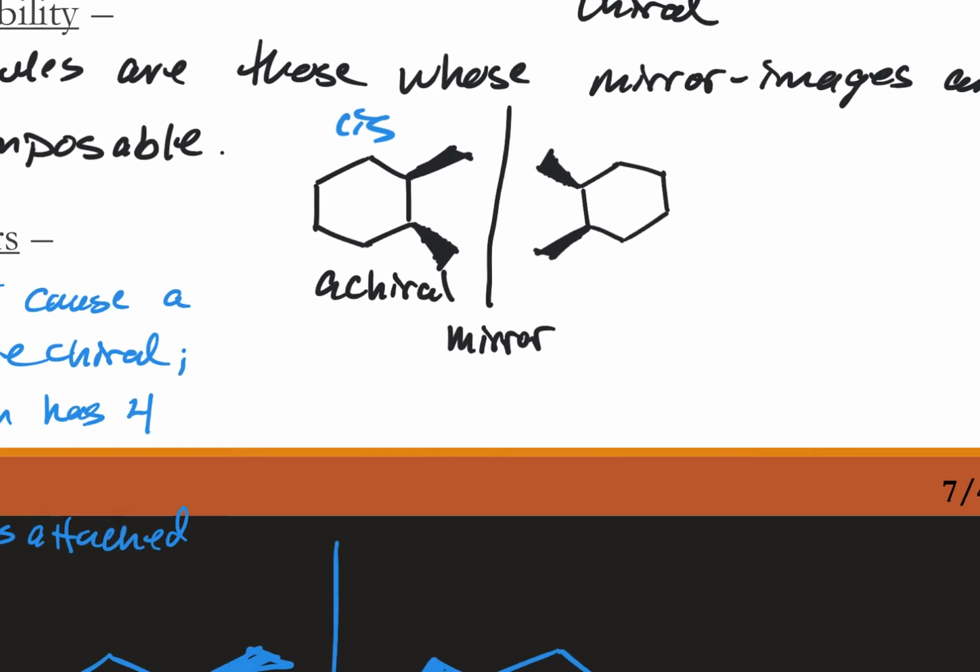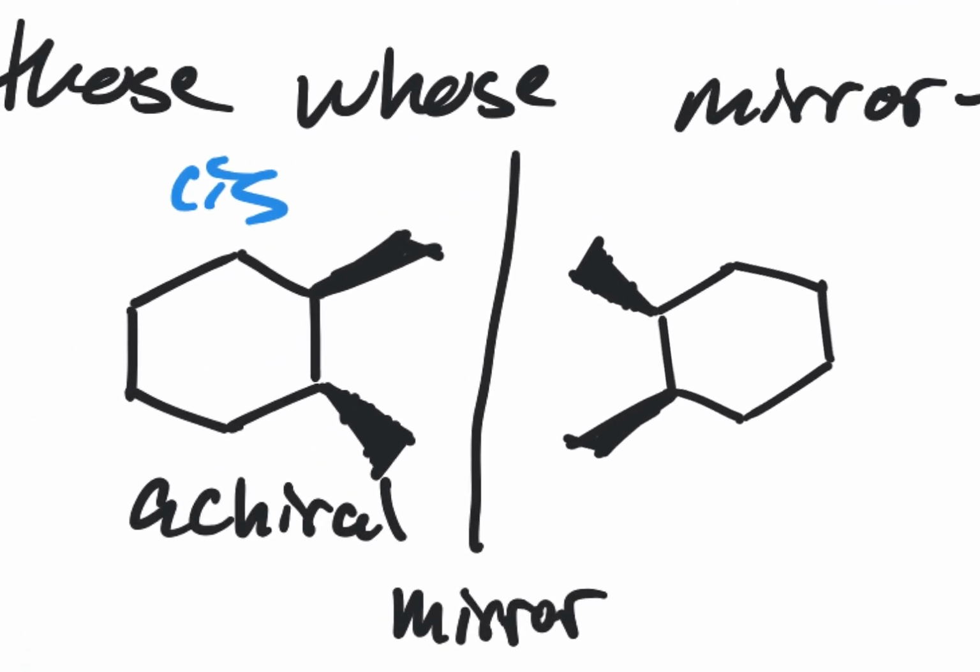So if we look at the molecule here, the cis isomer, this carbon, now in blue, has a hydrogen. It has a CH3 up there. It has that, which I'll write is a CH2.